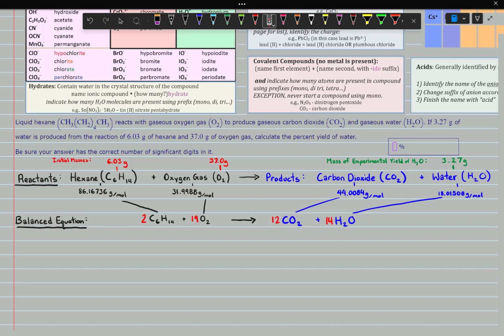In this problem, we are comparing that value, what we called theoretical yield, to the experimental yield, which is what this value is. And we use the experimental yield divided by the theoretical yield to get our percent yield.